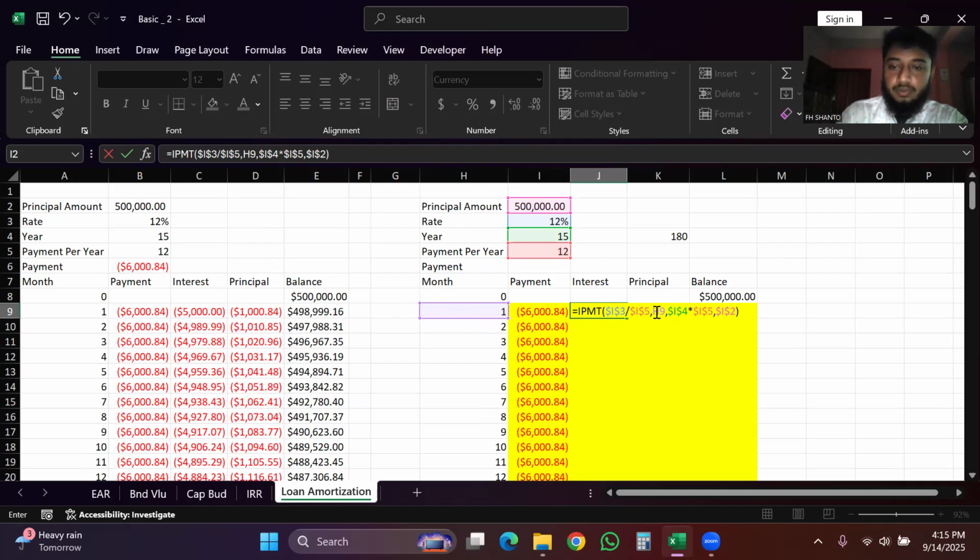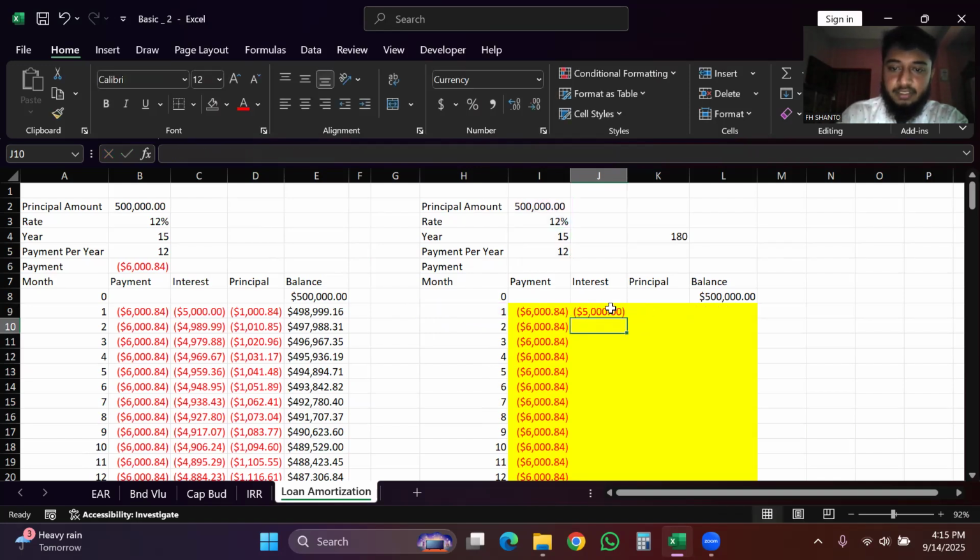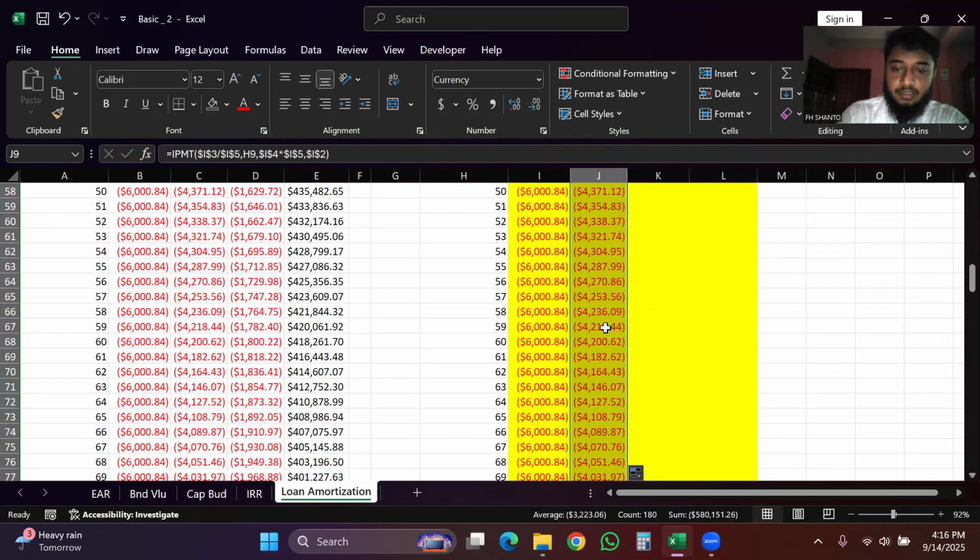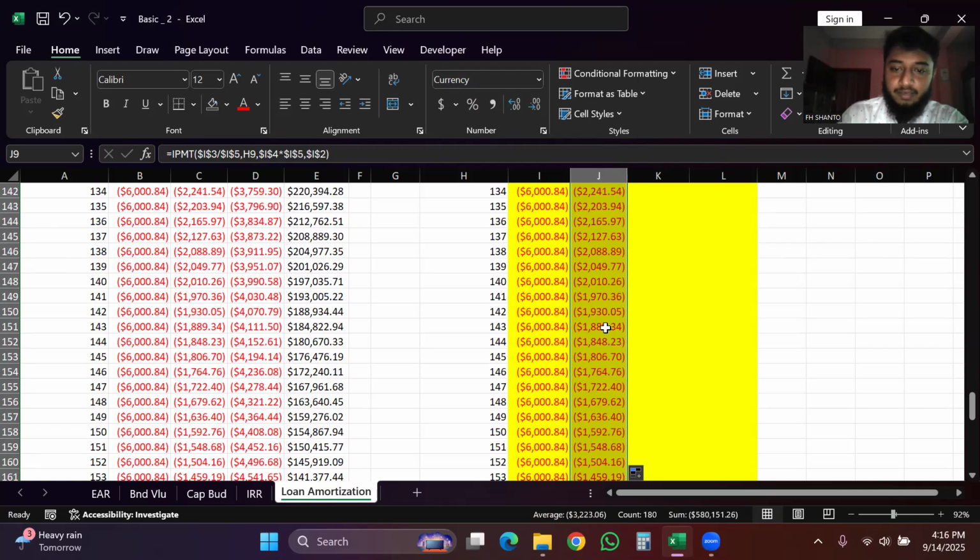We don't need to freeze it because in different cells the value will change. Then pressing enter button. Here you can see the interest of month 1. When you double click here, you can see the different values of different months.